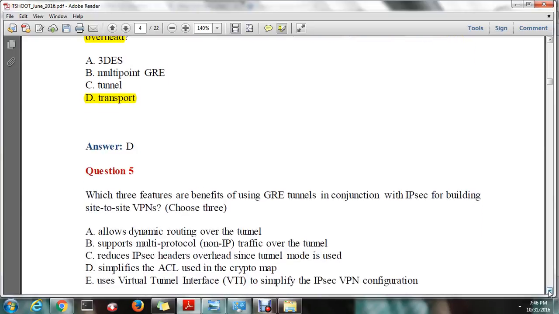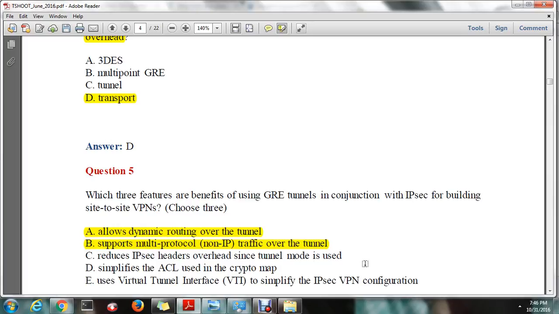Which three features are benefits of Cisco GRE tunnels in conjunction with IPsec? It allows dynamic routing over the tunnel. Yes, right, you can use a dynamic routing protocol over the IPsec tunnel. It supports multi-protocol traffic over the tunnel, right. Reduces IPsec header overhead?